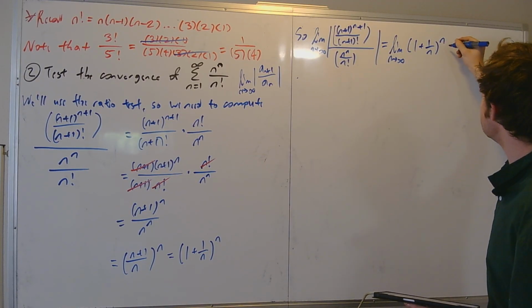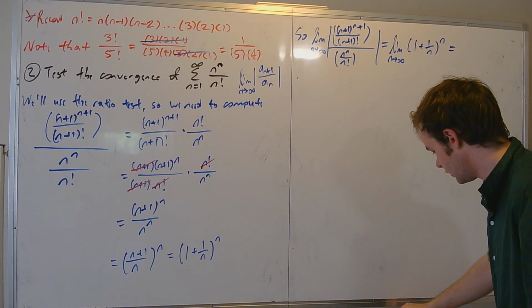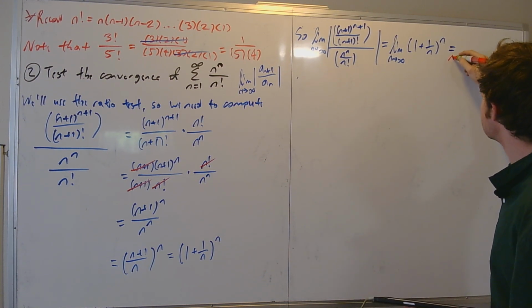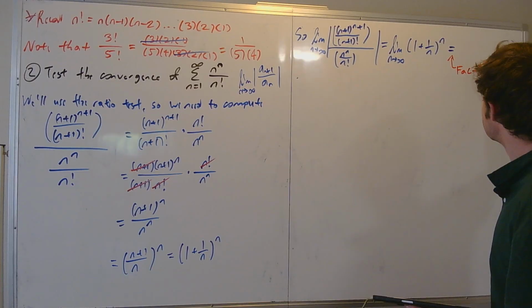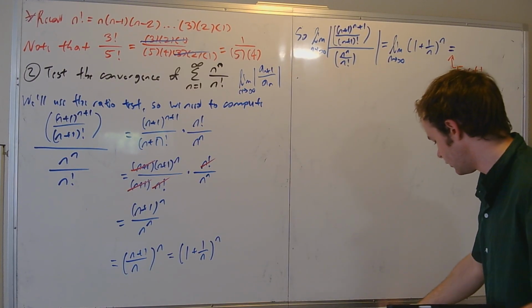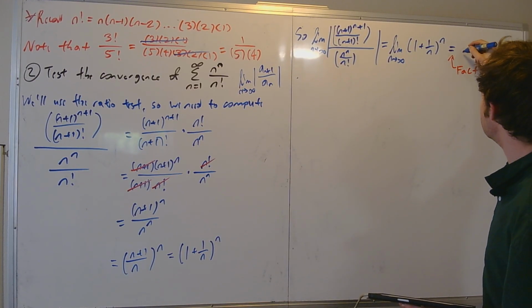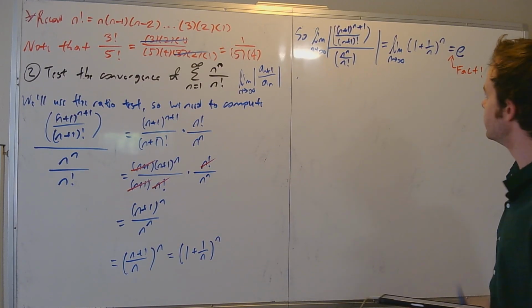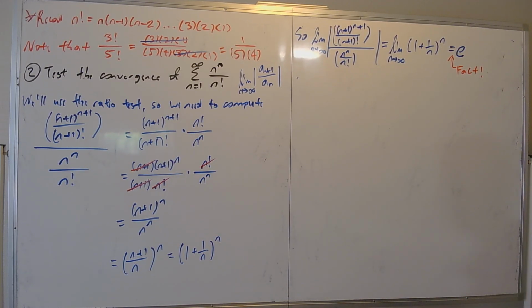Let me write, this is equal to, so this is actually just a fact that this is equal to the number e. This is actually one of the ways to define e. One of the ways you can define e is by taking it to be exactly this limit, and this gives you exactly what e is equal to.